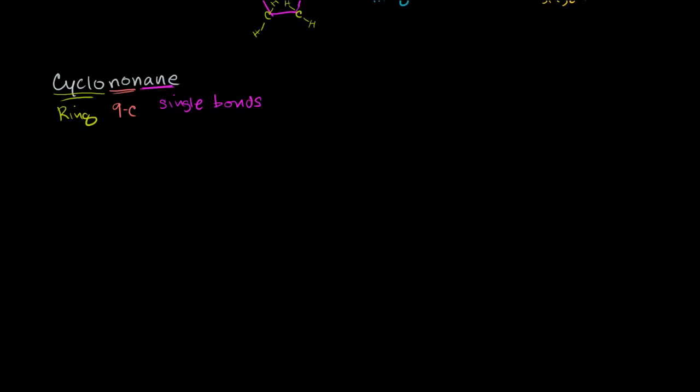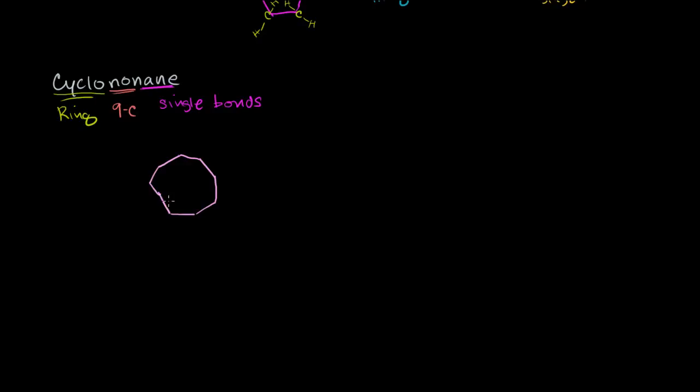It's not a trivial thing to draw. Let me try my best. Let's see. 1, 2, 3, 4, 5, 6, 7, 8. Let me try a better shot at it. So I have 1, 2, 3, 4, 5, 6, 7, 8, and then 9, and then you can connect the last 2.